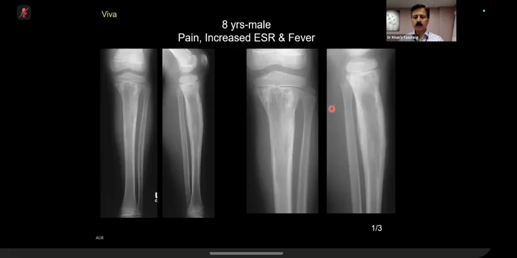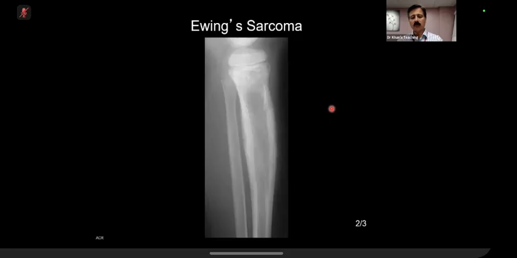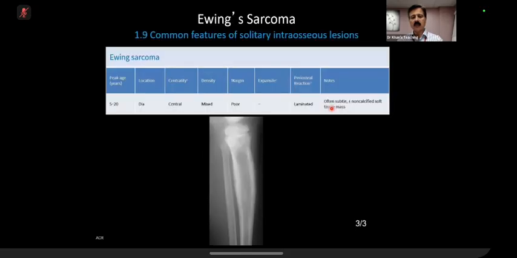Also remember, clinically speaking, Ewing's and osteomyelitis at times cannot be differentiated, and the patient might have fever, raised CRP, ESR, and pain. So this was Ewing's, but the way you have tackled it is absolutely fine, and the differential is absolutely fine.